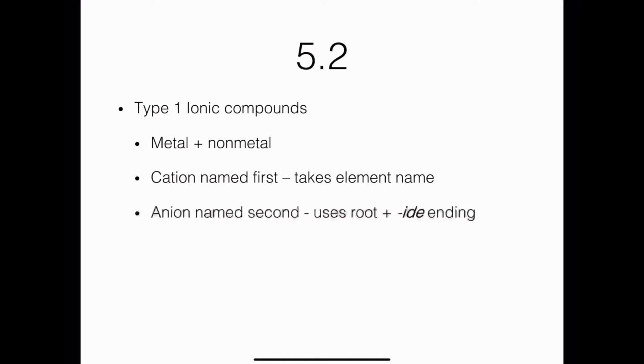The anion is named second. It uses the root of the anion plus an IDE ending. And that root can vary depending on what the element is. You're not always going to be taking off the same number of letters at the end of an element, and that just takes some practice to be able to recognize. But for example, we see something like NaCl.